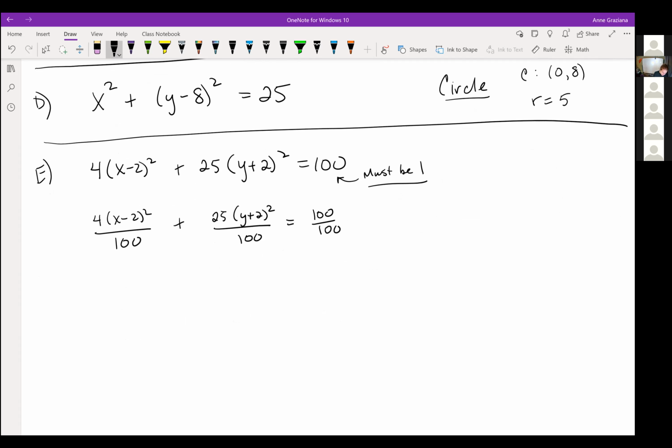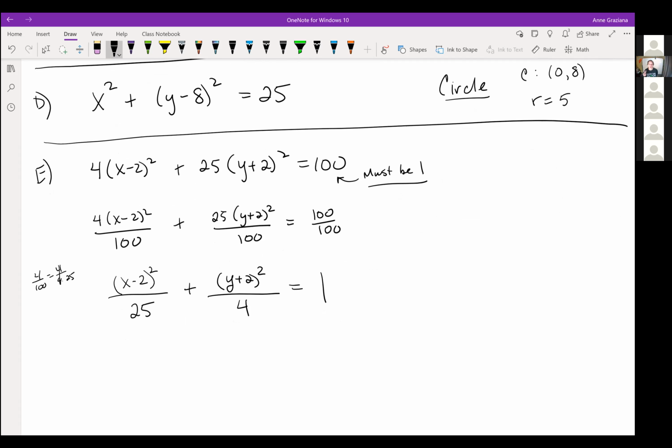Now, if I simplify these, I hope you see that 4 over 100 is 4 over 4 times 25. That's 1 over 25. Plus (y plus 2) squared is going to be over 4, and this is equal to 1.